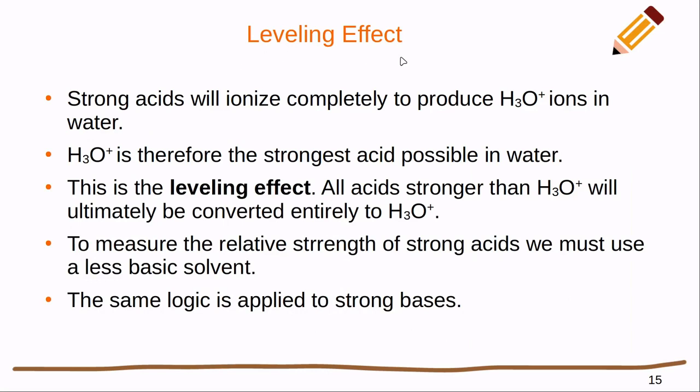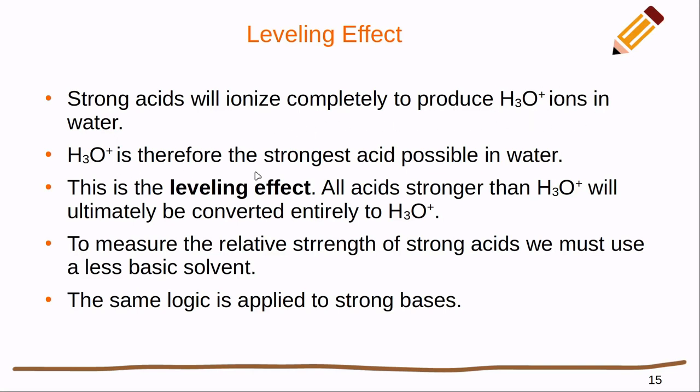The reason things were a little odd before with the hydronium and how we get stronger ones is because of something called the leveling effect. Basically, once an acid is as strong or stronger than hydronium and you put it into water, it's all going to ionize completely and just produce hydronium ions.